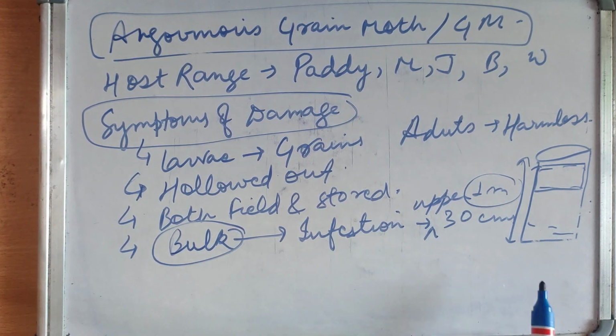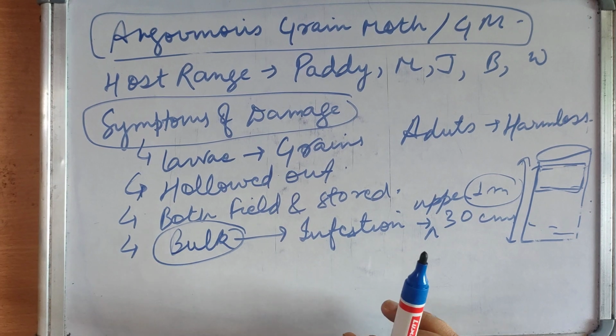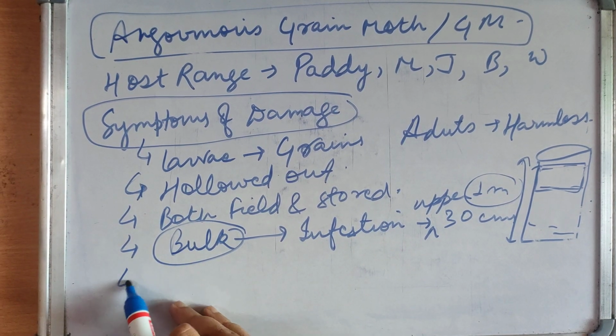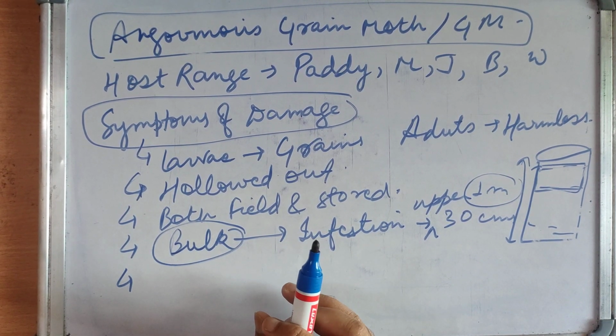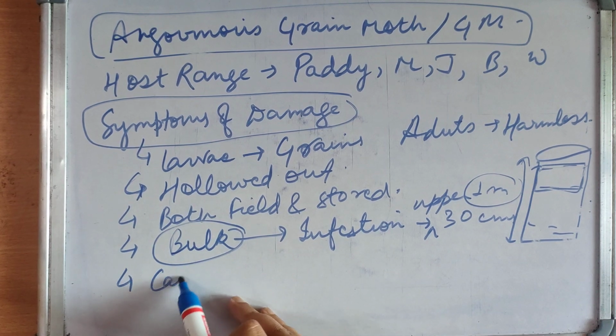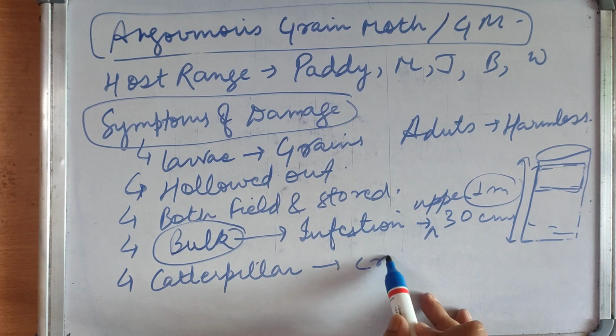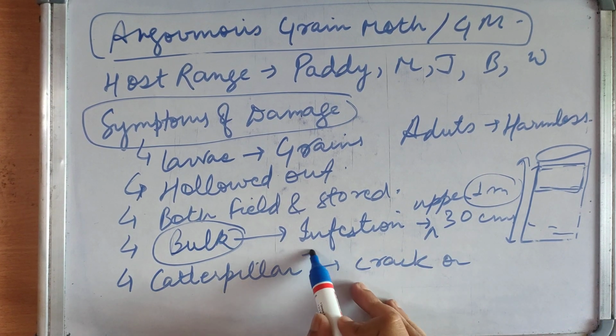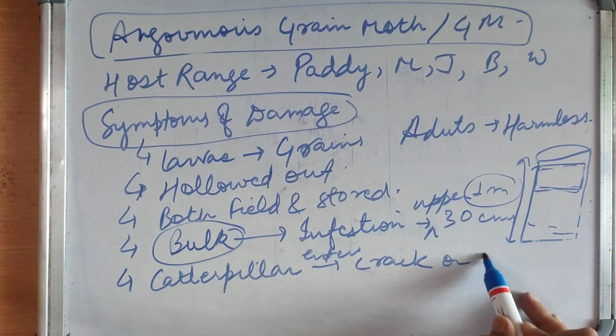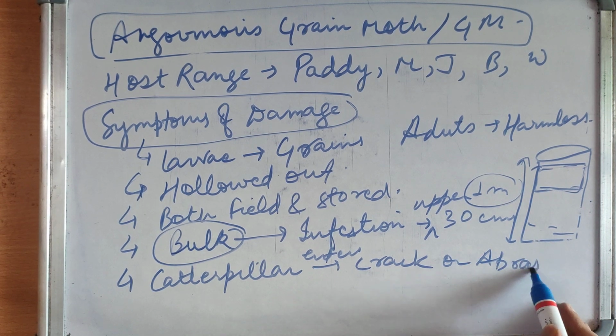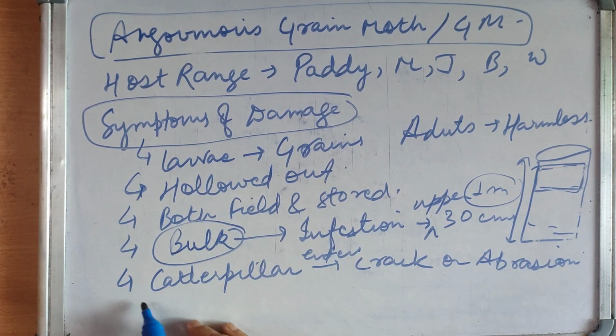It doesn't go deep inside. Its caterpillar enters the grain through a crack or abrasion on the grain. It feeds inside.